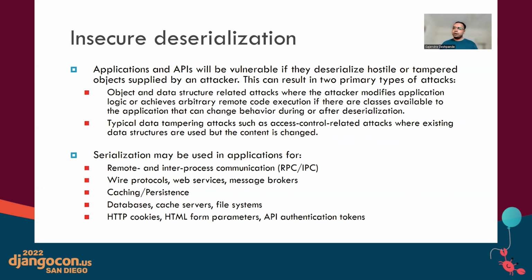This can result in two primary types of attacks. One is object and data structure related attacks, where the attacker modifies the application logic and achieves arbitrary remote code execution. The second one is typical data tampering attacks. This is access control related attacks, where existing data structures are used, but the content is changed.